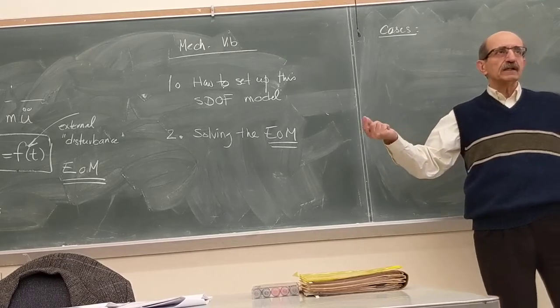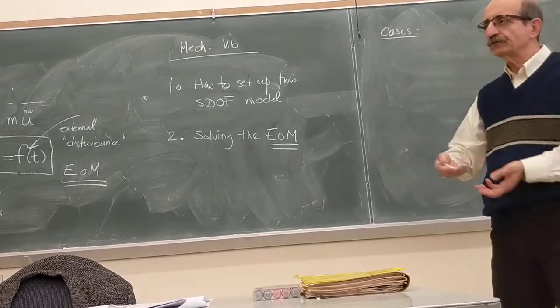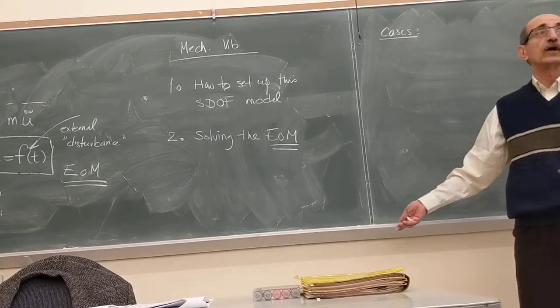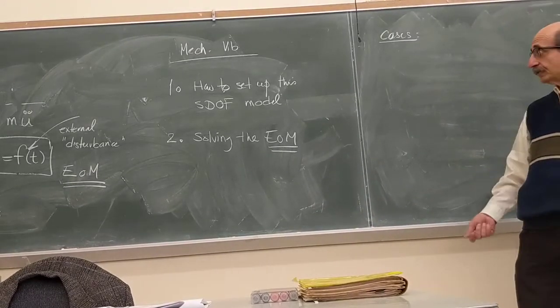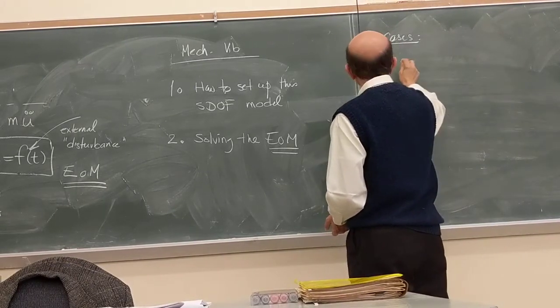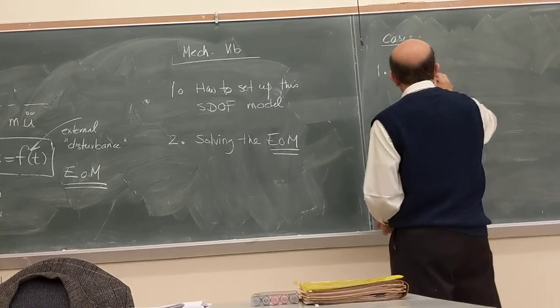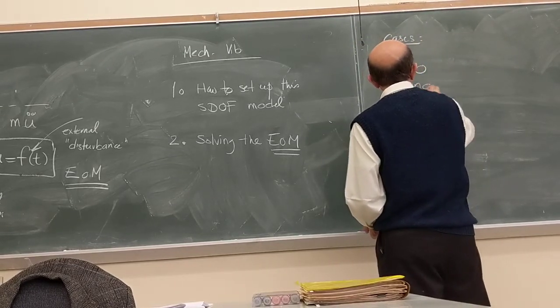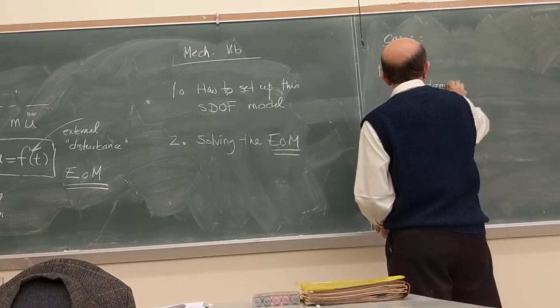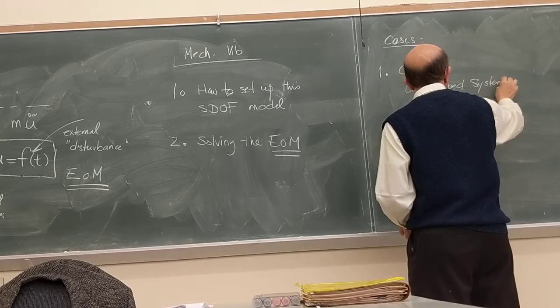You are not dealing with any damping. You have a force that causes deformation, except that here the force is time dependent and this displacement is time dependent. So case one then, we assume c is equal to 0, and we call that an undamped system. Okay?